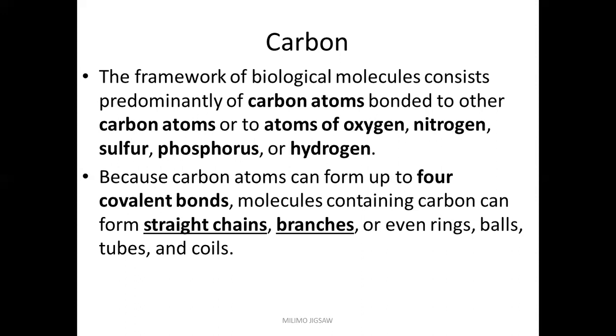And due to that, we see that carbon is able to form straight chains and also branches. Of importance for the biomolecules are the straight chains and the branches. However, carbon is also able to form rings, balls, tubes, and coils. But of importance for our course is that carbon is able to form straight chains and branches.